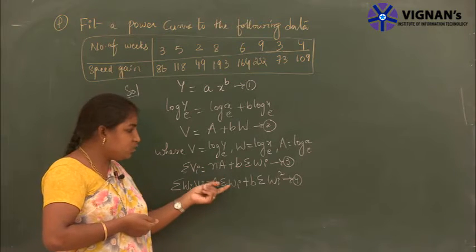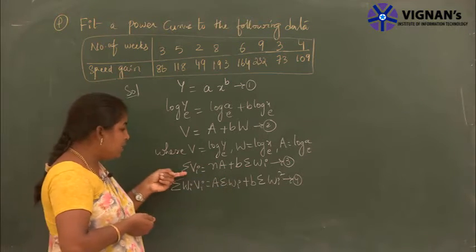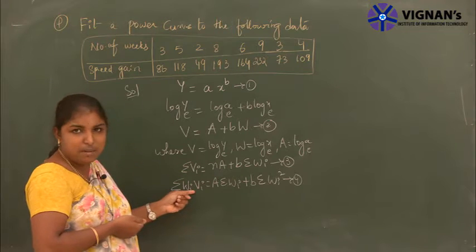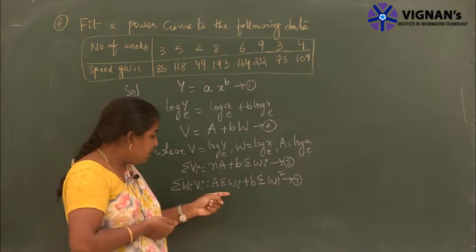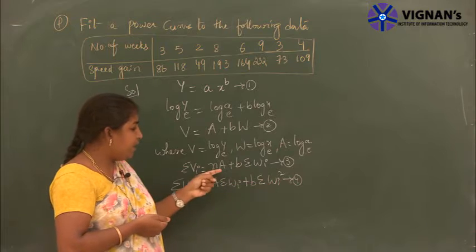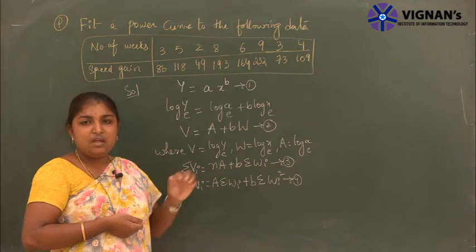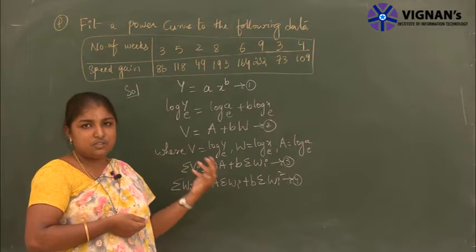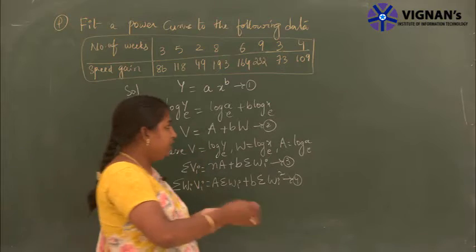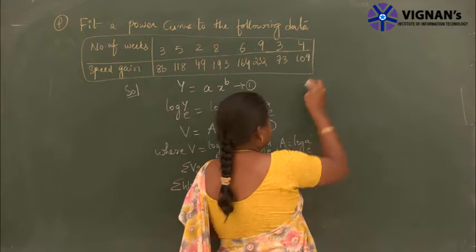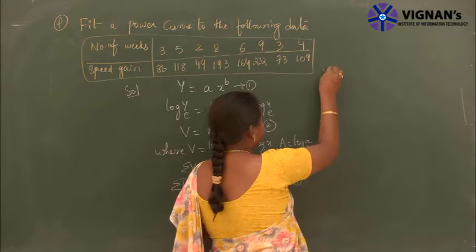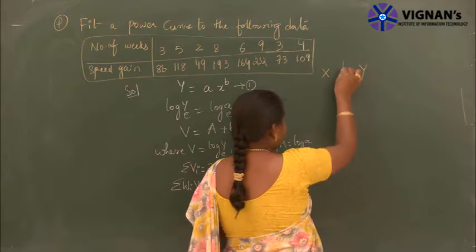For solving these two values, first we want to find summation Vi, summation Wi, summation Wi square, and n value. For these values we are constructing a table. In the table we are taking x values and y values.